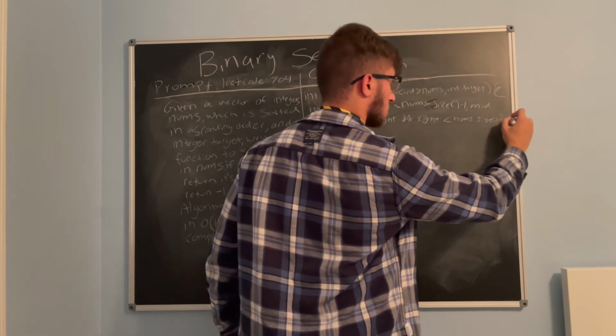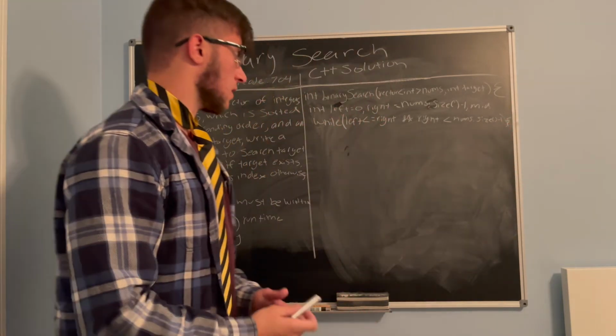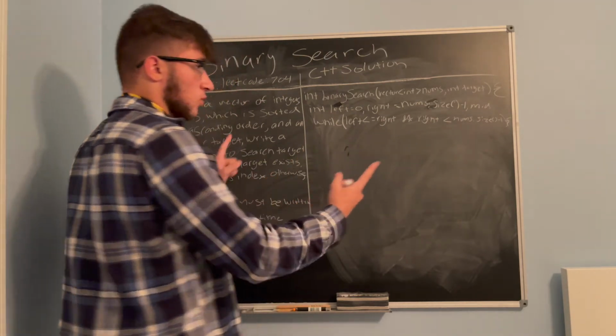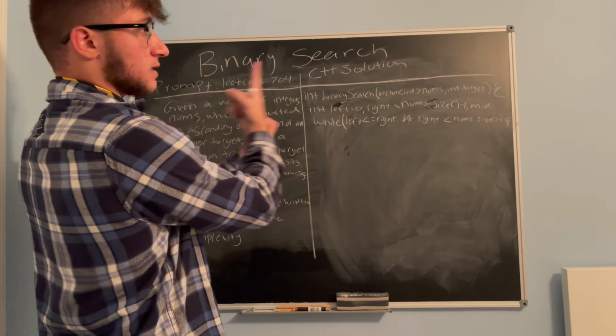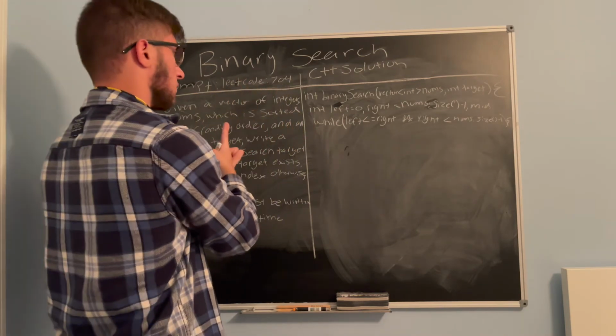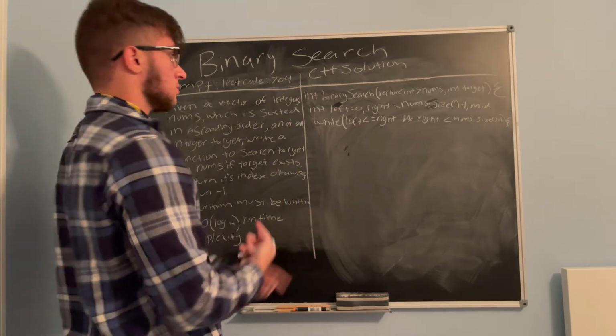Just like that. That's just so that we're always in bounds of the array, and left never exceeds right, because we never want our pointers to go past themselves. If they're in the same spot, that means we've looped as many times as possible.